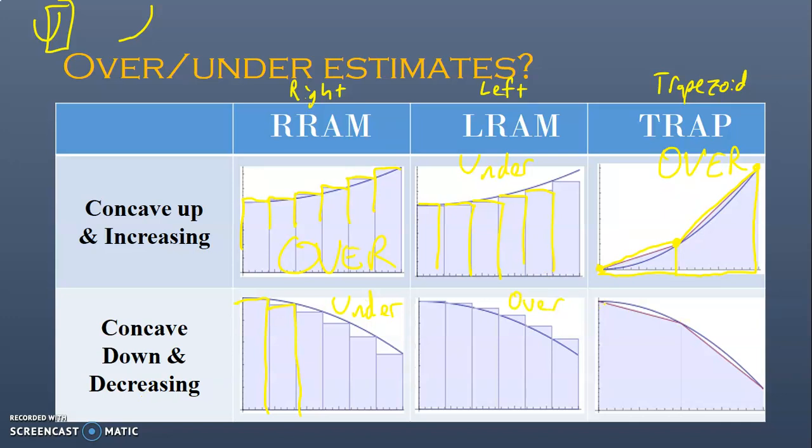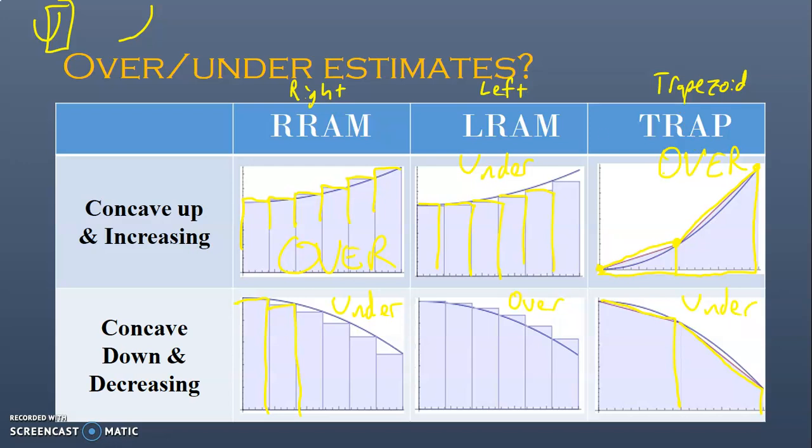And then again, if we look at our trapezoids, so here's a trapezoid, here's another trapezoid. Both of these trapezoids capture less area. And again, it's not whether it's increasing or decreasing for the trapezoid sum, it's whether it's concave up or concave down. So in this case, it's concave down, so each trapezoid would capture less area, so this would be an underestimate.